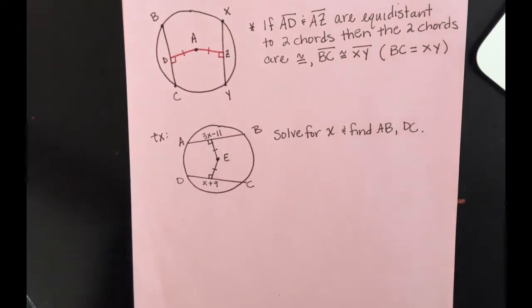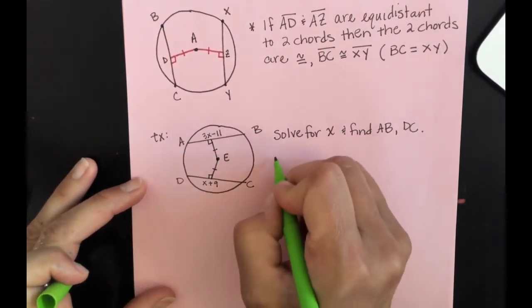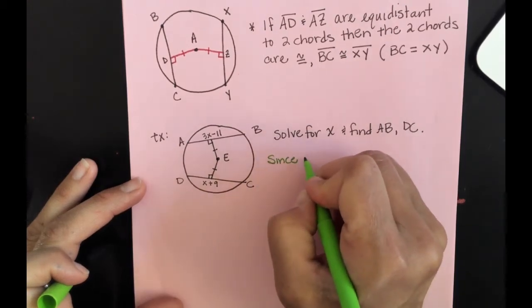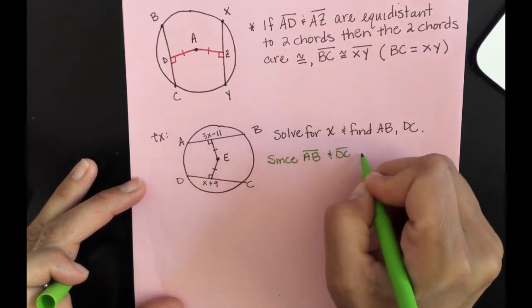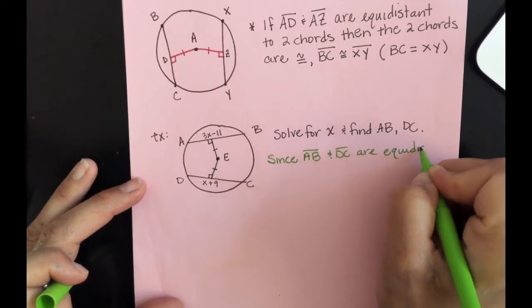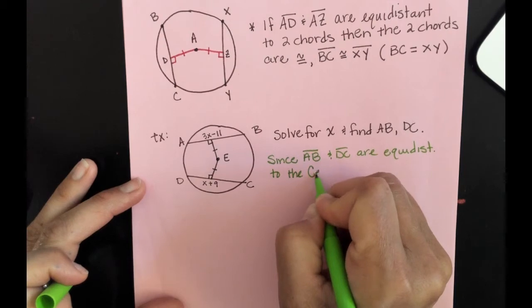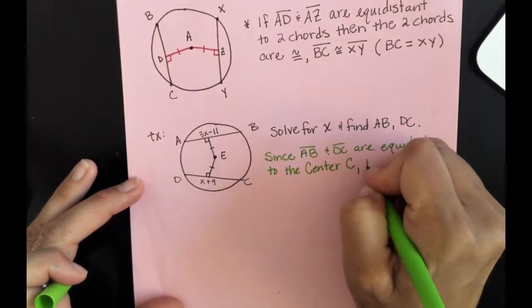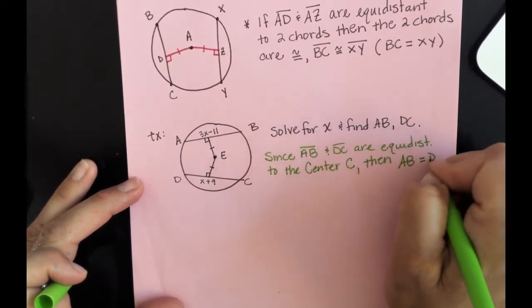So the first thing that we have to pay attention to is, since AB and DC are equidistant to the center C, then AB will equal DC.